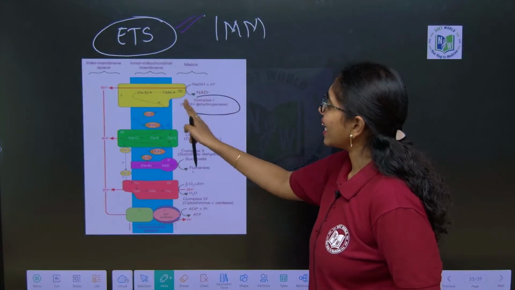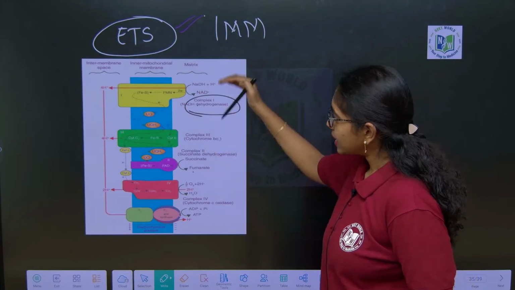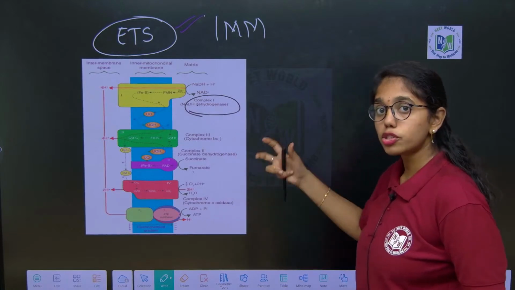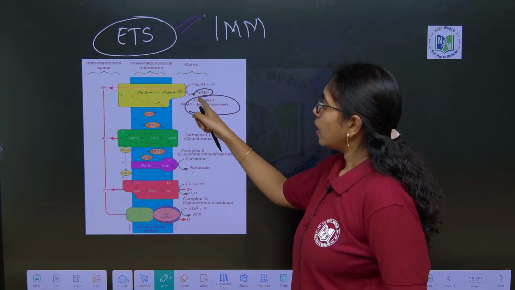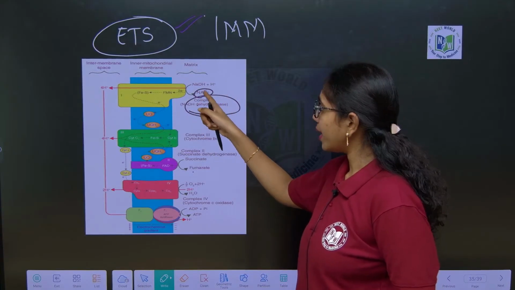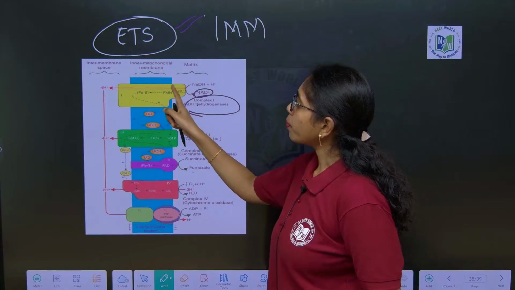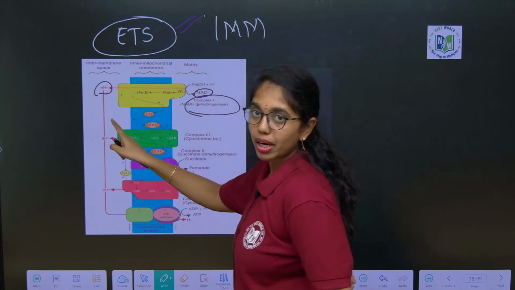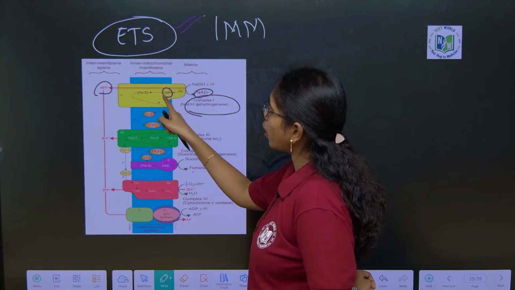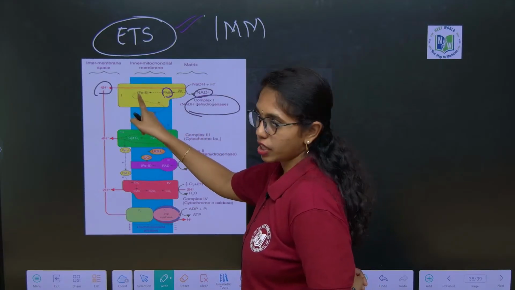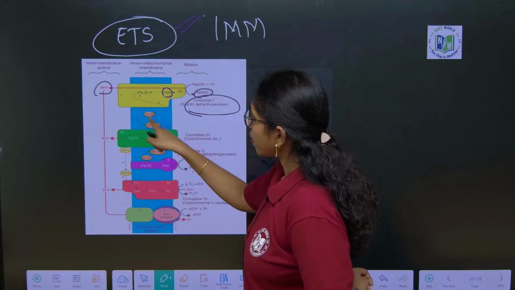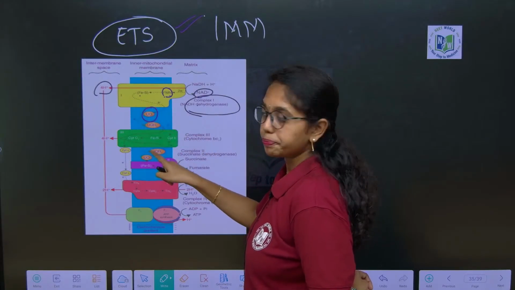Complex 1 is NADH dehydrogenase. Inside the mitochondrial matrix there are so many protons present. NADH is dehydrogenated to NAD+ and H+. 4 protons are pumped to the intermembrane space and 2 electrons go to the molecules flavin mononucleotide, that is FMN, and FeS. 2 electrons are passed from that to ubiquinone.